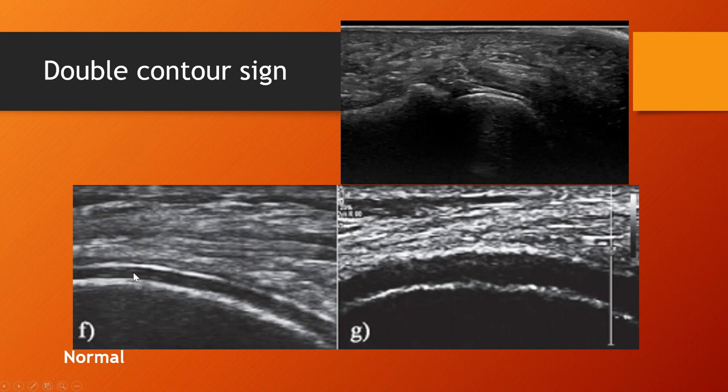This is the normal hyaline cartilage, and you can see the margin of the hyaline cartilage here. Now, this is the metatarsal head with the double contour sign. We can appreciate that it has this irregular, thickened echogenic margin, and that's what's highly specific for gout.